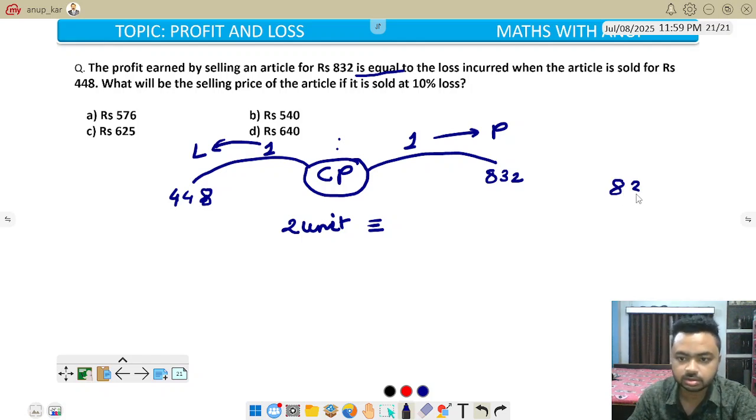Is equivalent to 832 minus 448. How much will it be?